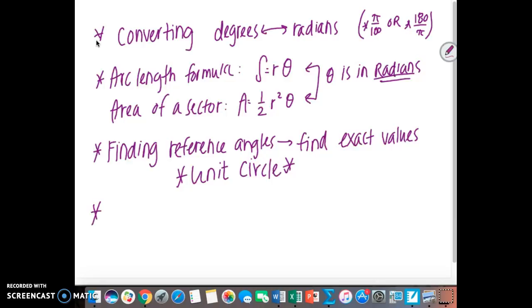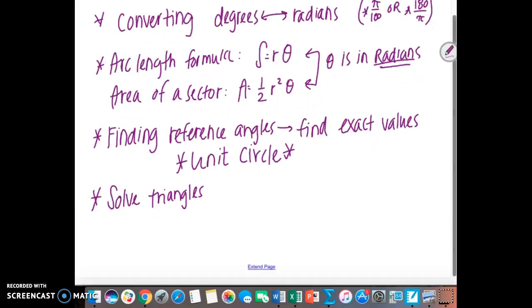And then finally, a good way to sum it up is just to know how to solve triangles. All triangles, that includes right triangles and oblique triangles. And this is using SOHCAHTOA.